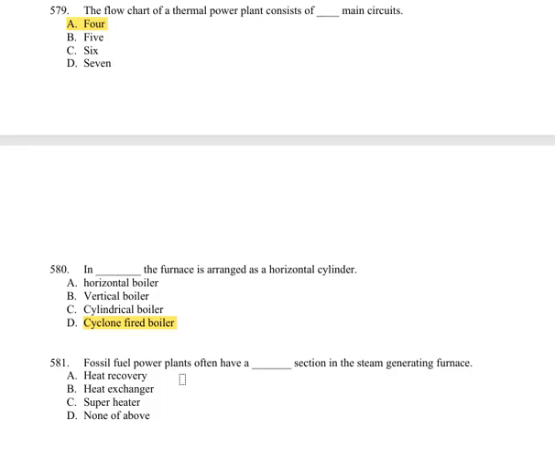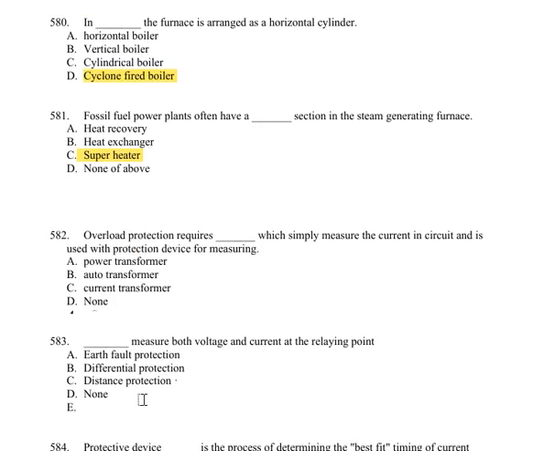Fossil fuel plants often have a superheater section in the steam generating furnace. Overload protection requires a device which simply measures the current in the circuit and is used with a protection device for measuring: current transformer.